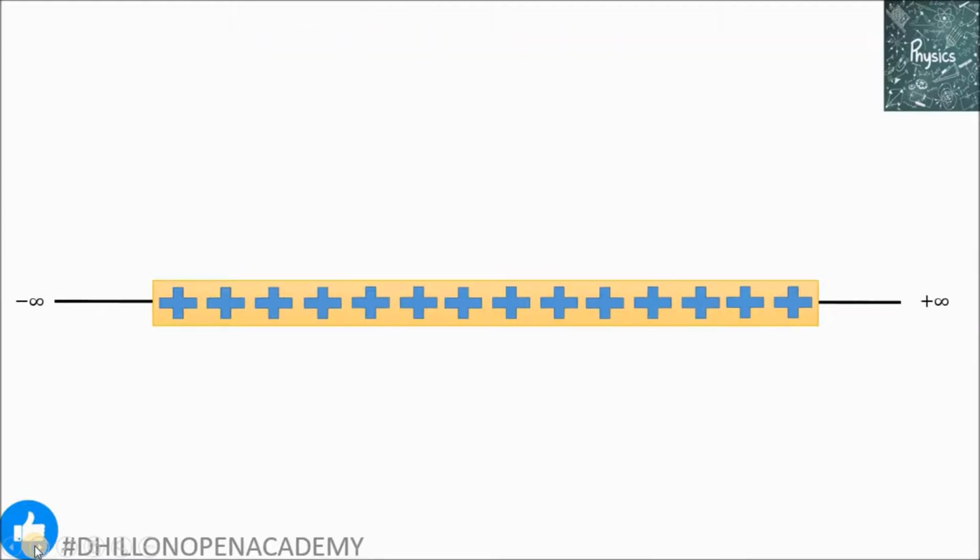So our problem is to find the electric field due to the infinite line charge. In order to do that, we consider only a small portion of it.